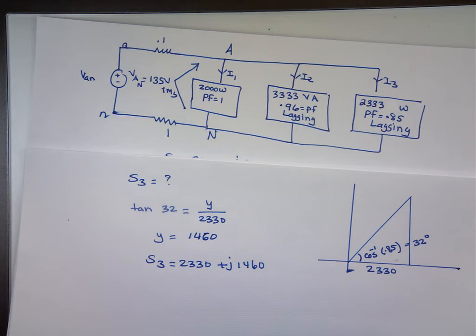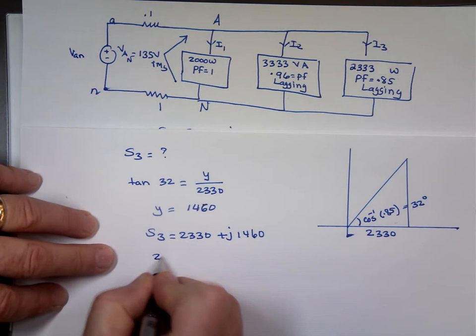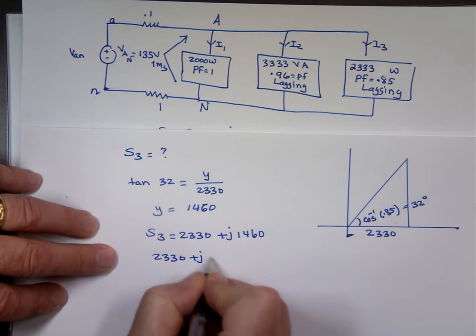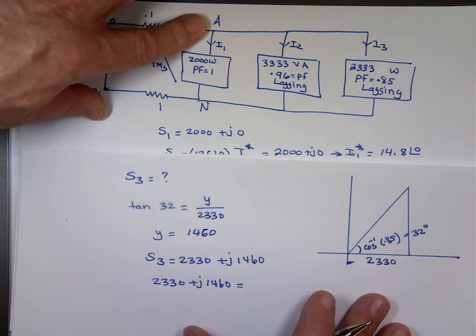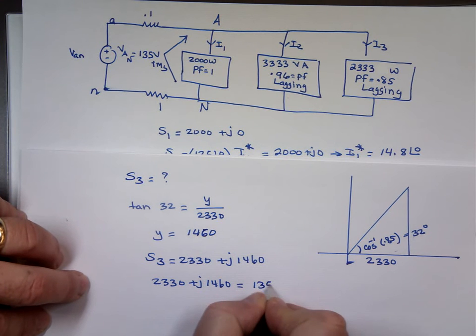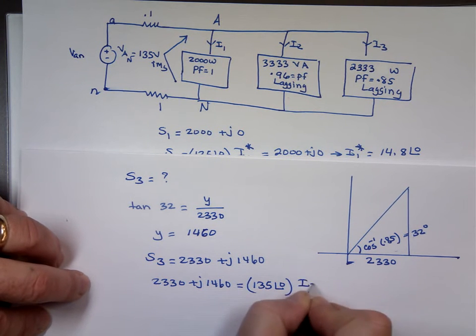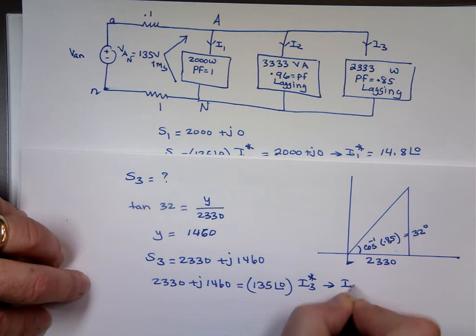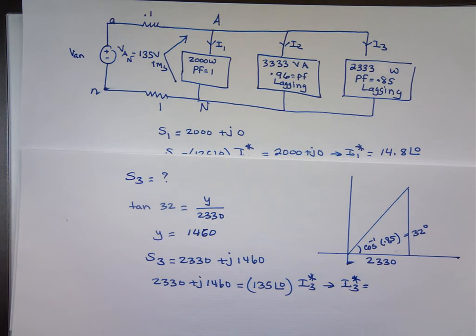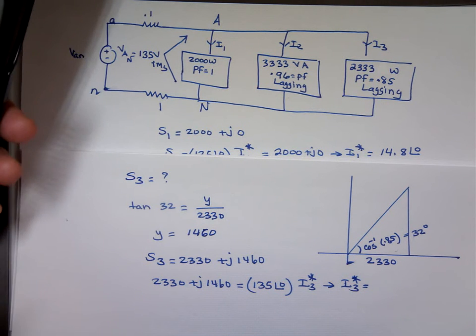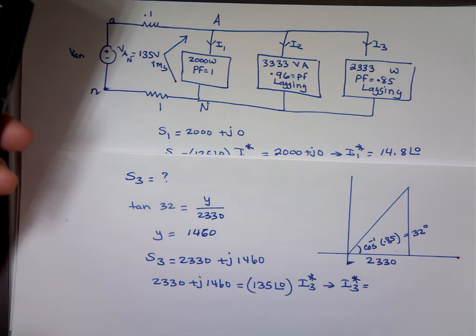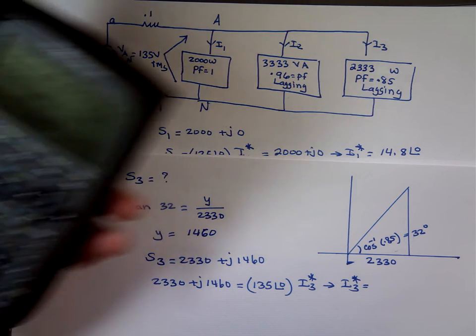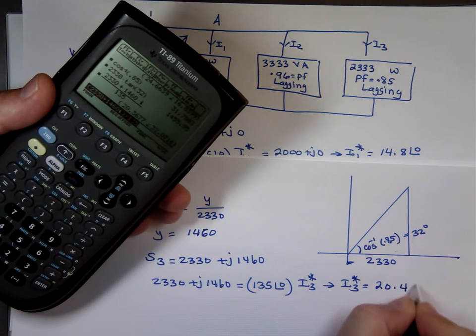Can I find I sub 3? Sure. S3 equals VRMS, which is 135 angle 0, times I sub 3 conjugate, which tells me I sub 3 conjugate equals parentheses 2330 plus 1460J divided by 135, which is 20.4 angle 32 degrees.